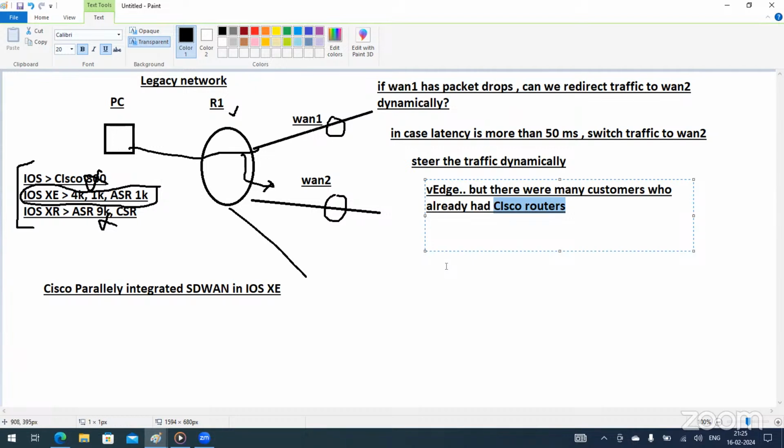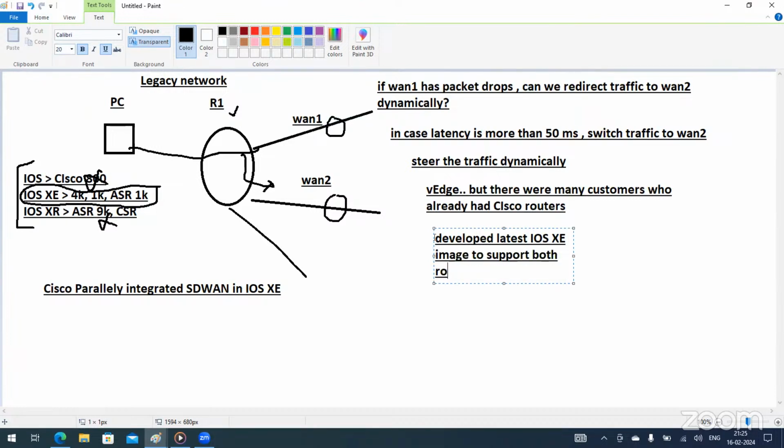So what did Cisco do? They developed the latest iOS XE code, or iOS XE image, to support both a plain router or a Cisco SD-WAN device.